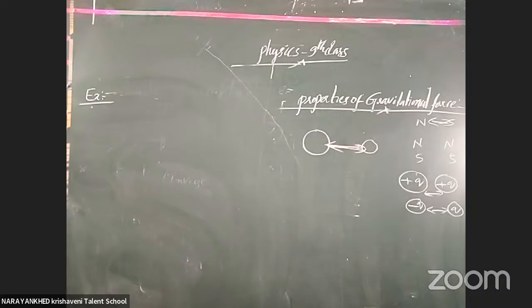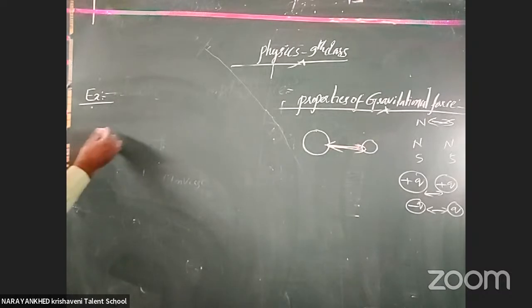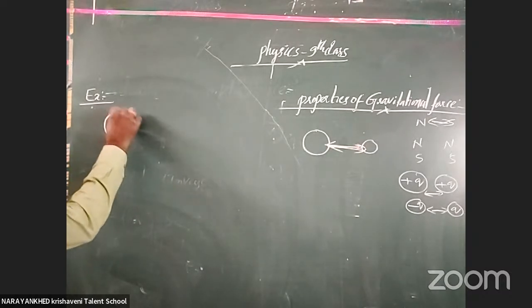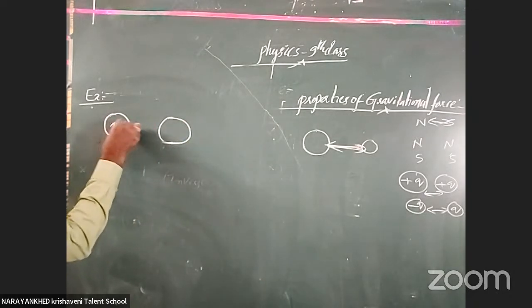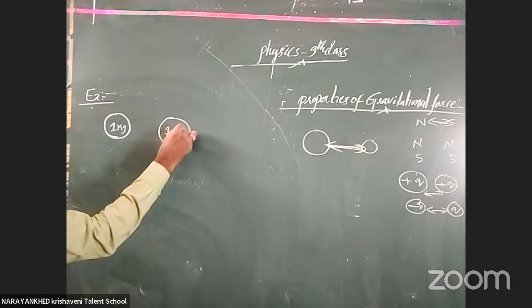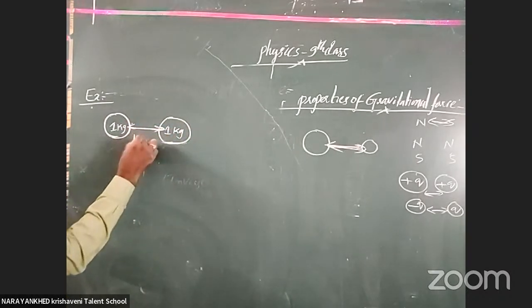Got it or not? Here F is equal to G M1 M2 by R square, based on this we are considering. What is given? Find the gravitational force of attraction between the two spherical bodies. Both contain 1 kg each. What is the distance between them? 10 meters distance between them.